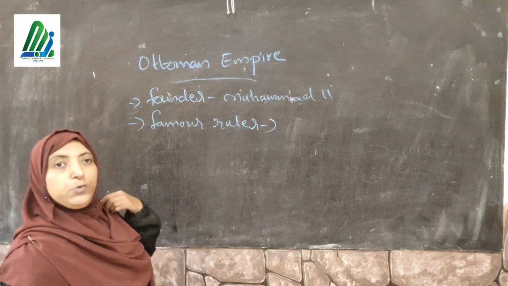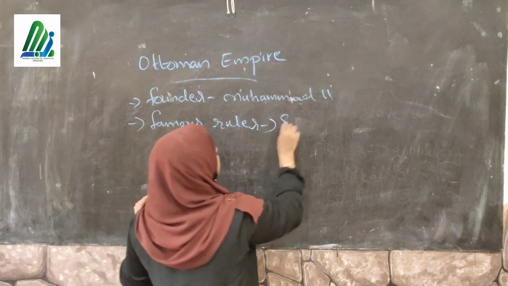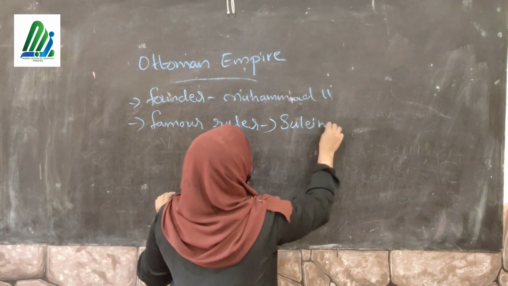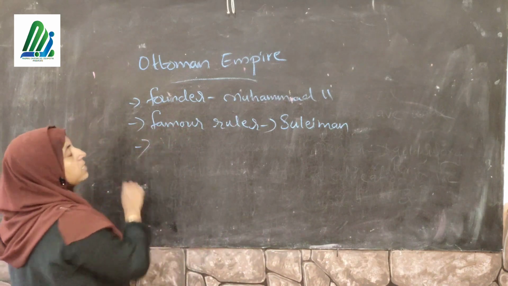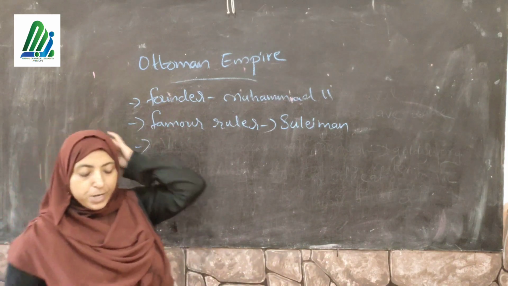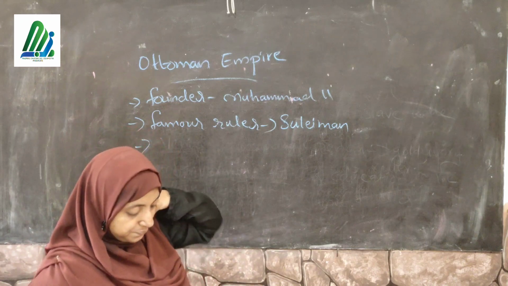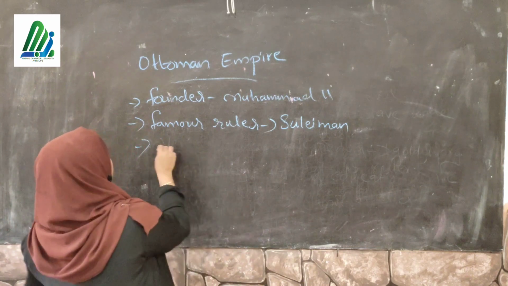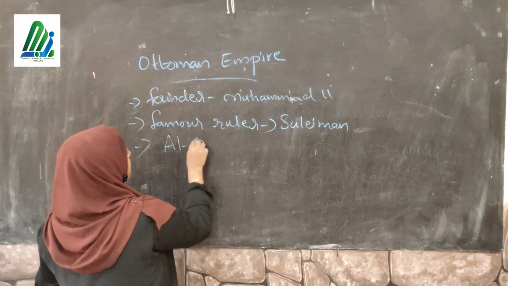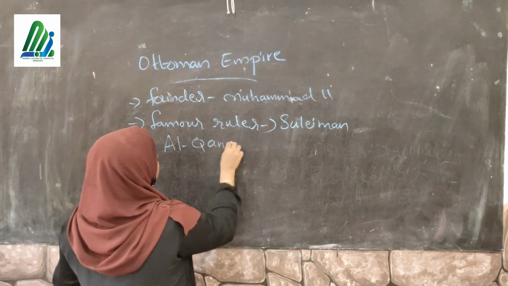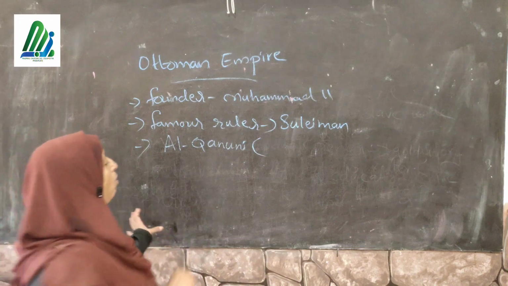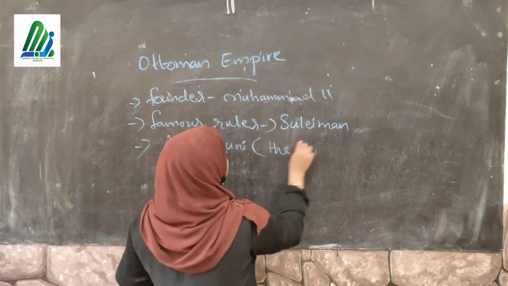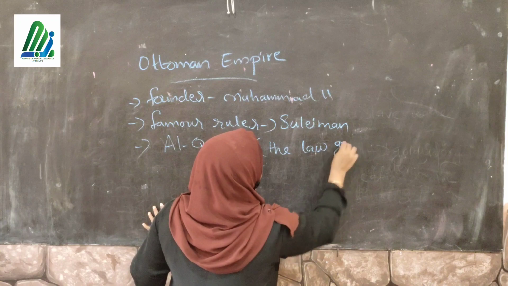The famous ruler was Suleiman. He is also known by a particular name, so please note that point: Al-Kanuni, or we can say the lawgiver. Al-Kanuni means the lawgiver.